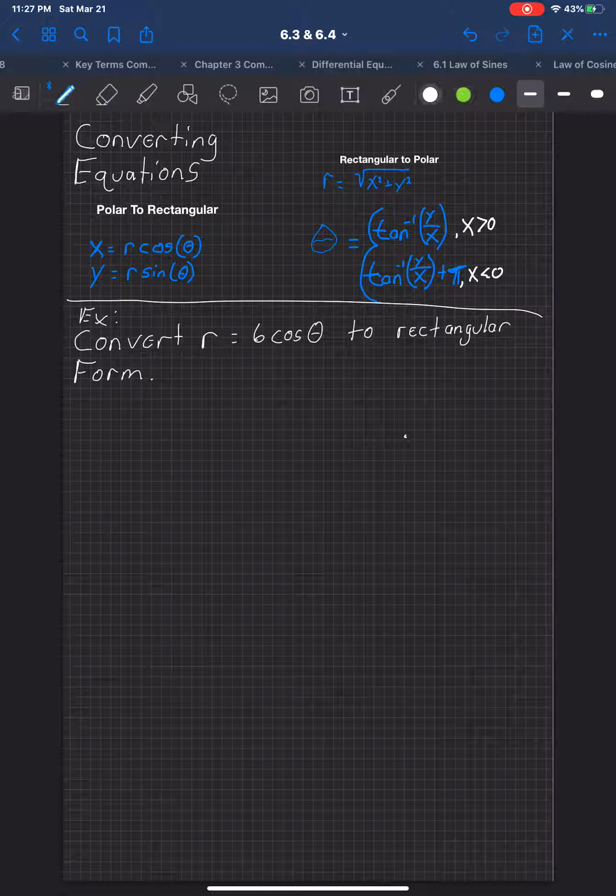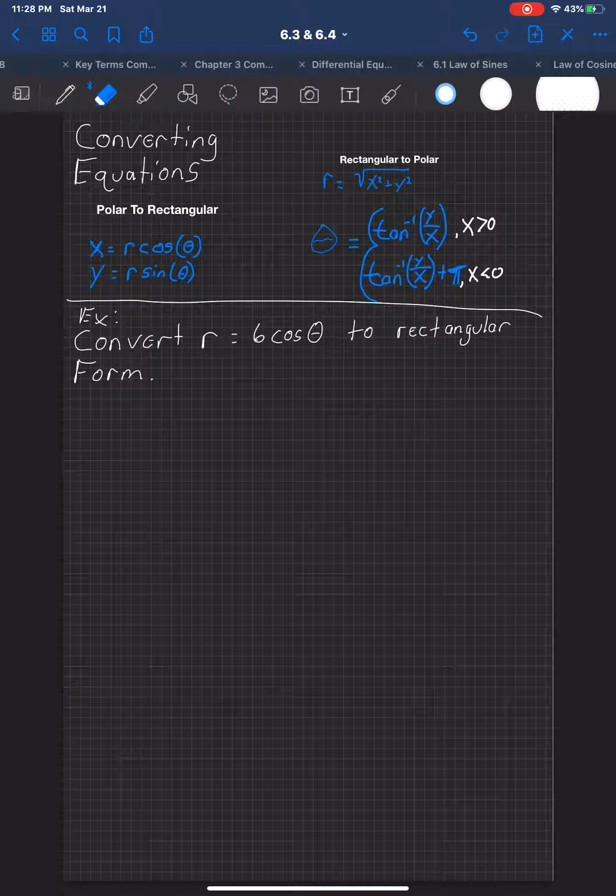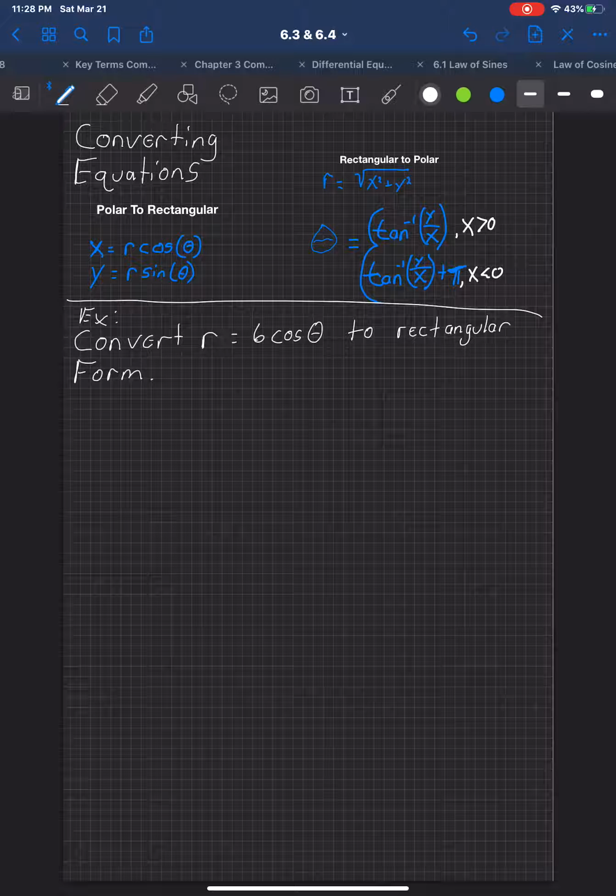Okay, and the last topic for these two sections is how do I convert equations, right? Well, we're going to make use of the exact same equations that were on the previous page, and we're just going to practice converting. We're just going to convert one. We're going to convert a polar to a rectangular. So our equation is r equals 6 cosine of theta.